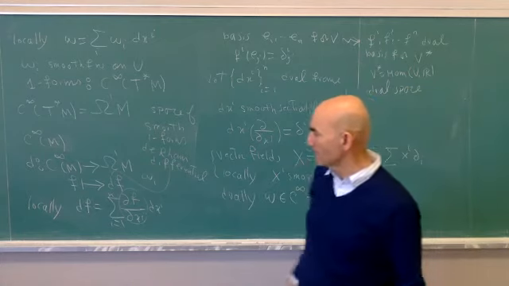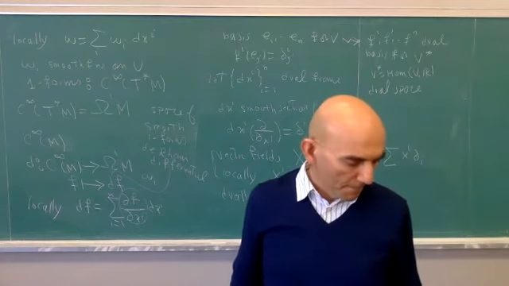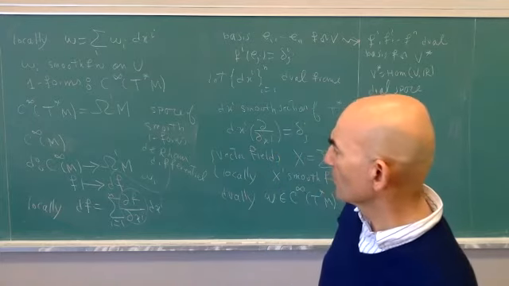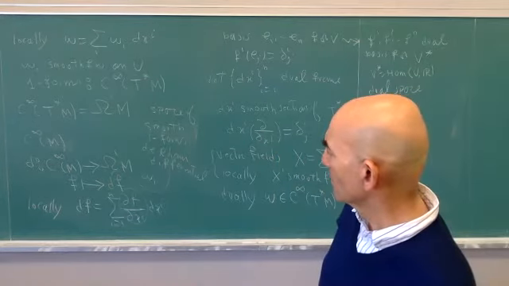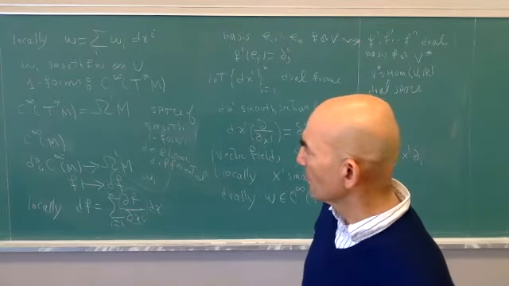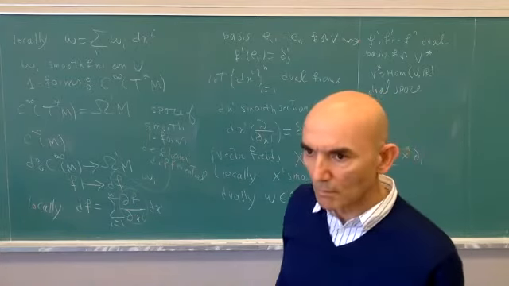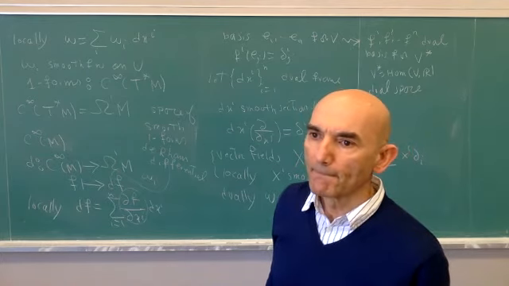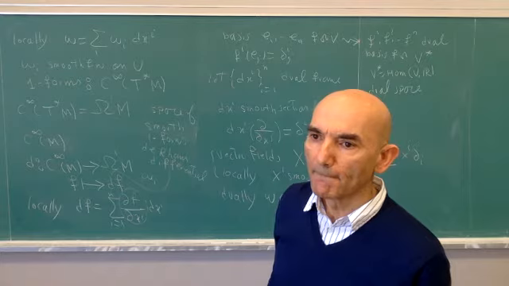I have a question. The dx_i are smooth sections of the dual bundle of the tangent bundle, yes. I was just wondering why the dual frame is a smooth section.